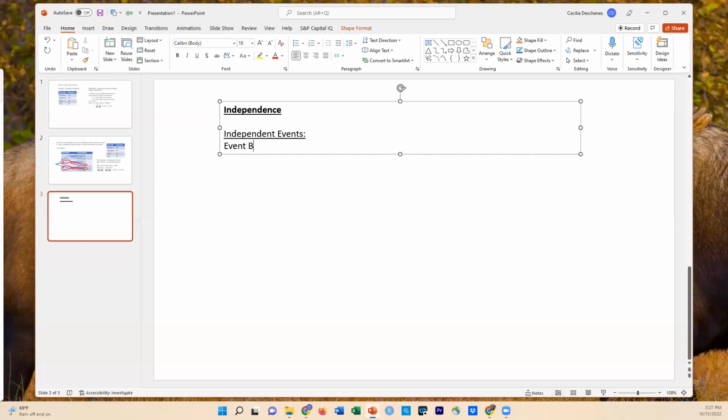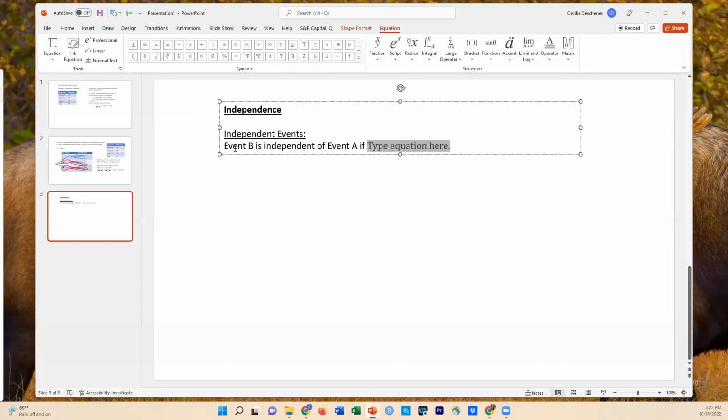Event B is independent of event A if the probability of B given A is equal to just the probability of B.